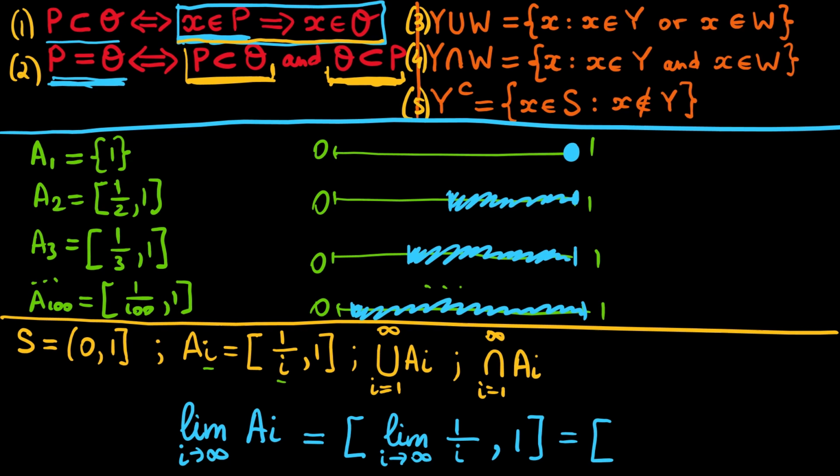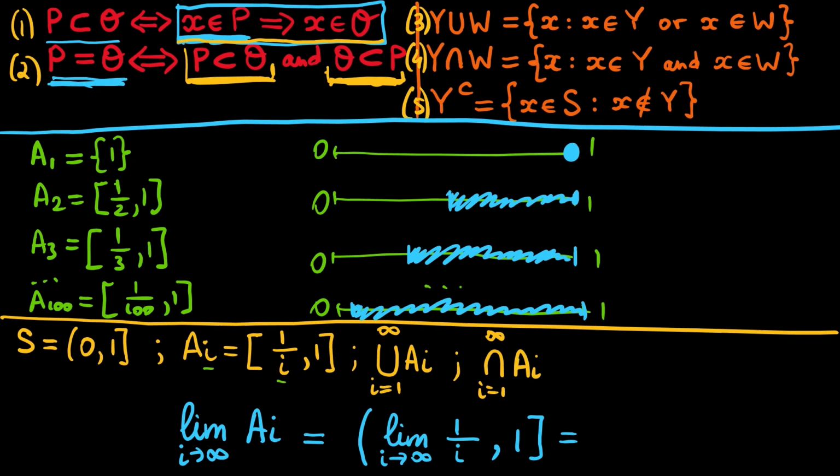Sorry, but now when we move to this limit, and now that we're thinking about it, my notation was wrong. If we're thinking about this limit as i goes to infinity, this left side will go to 0, but it will never attain 0.